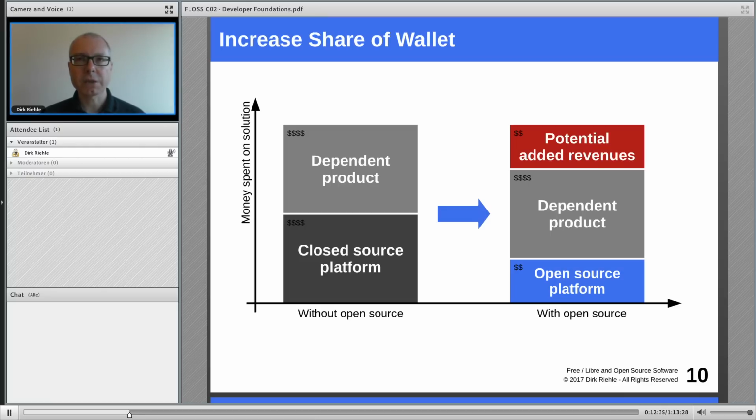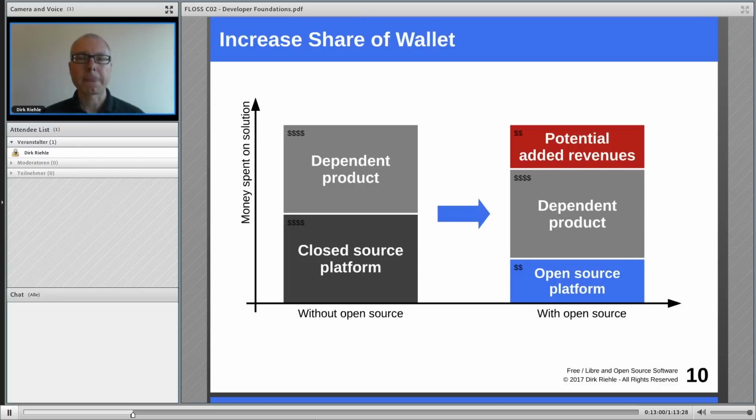If then the price point or the license that flows from the customer's wallet, from its budget, to paying for the platform becomes lower, more money is left for the company selling the actual application that provides the business value that the customer wants to see as part of the solution.